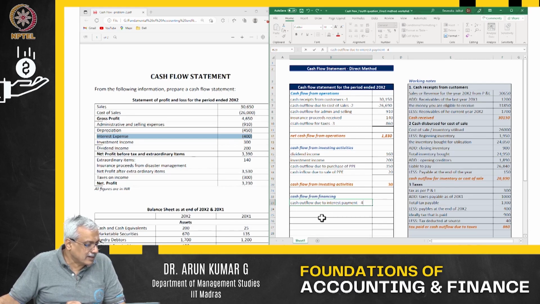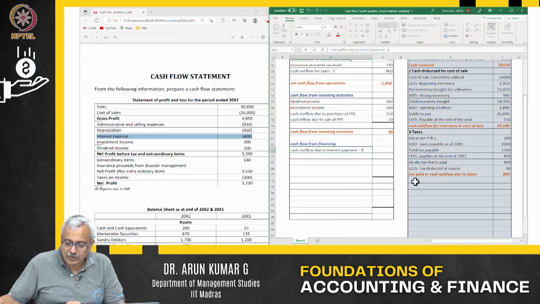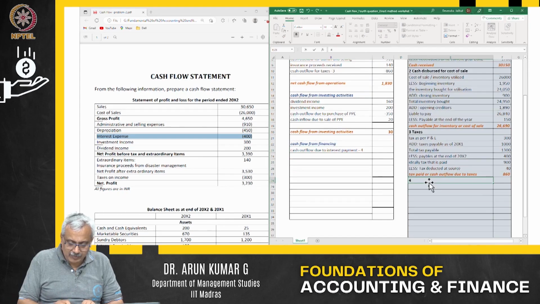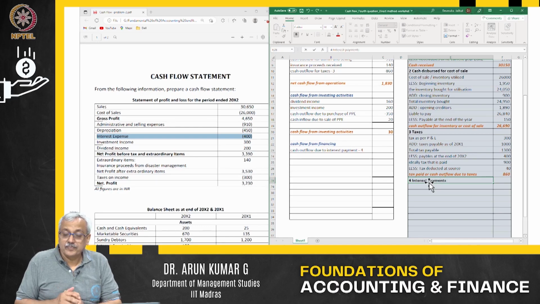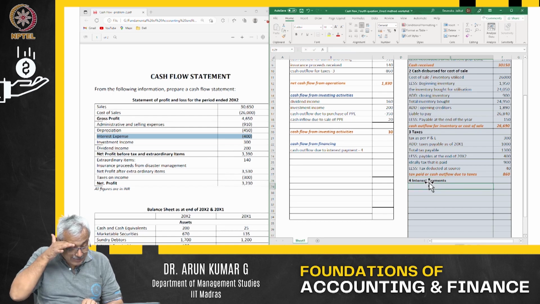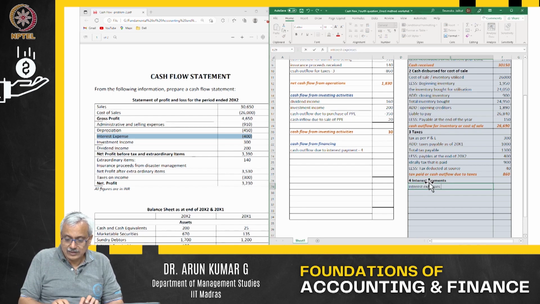Now, in this particular case, interest payments: what is the amount of interest expenditure? Interest expenditure is about $400.